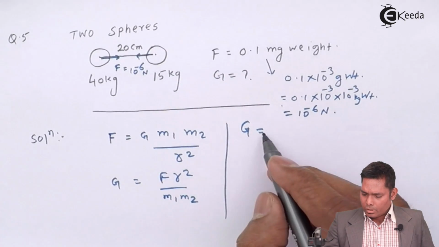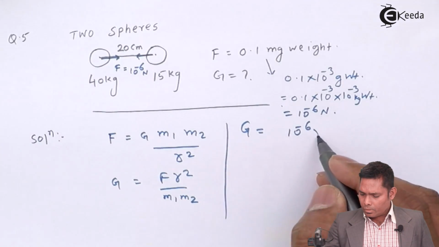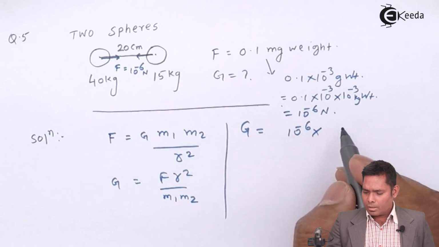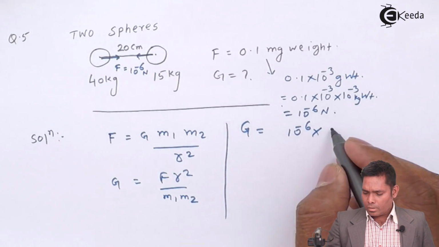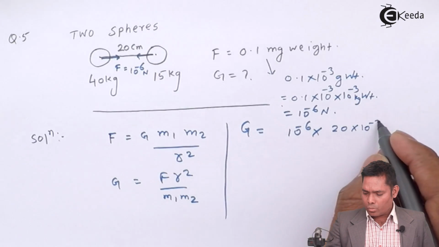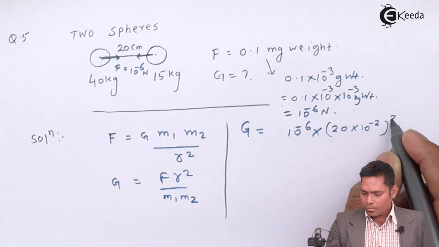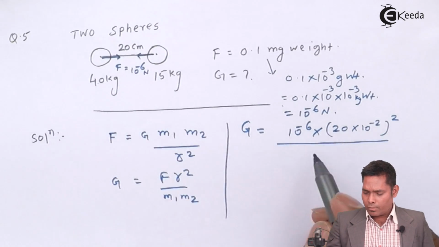So G value is F r square, F is this one. R is 20 centimeter, which is 20 into 10 raised to minus 2 meter. Then you square it, divided by m1 m2, which is 40 and 15.